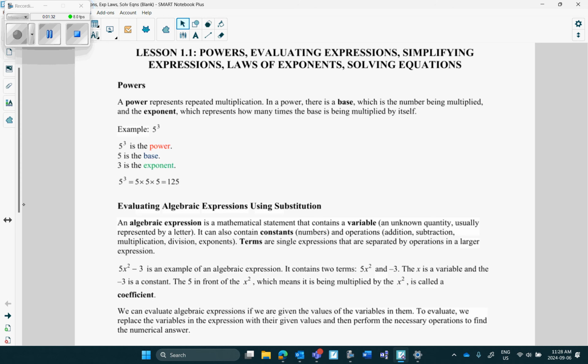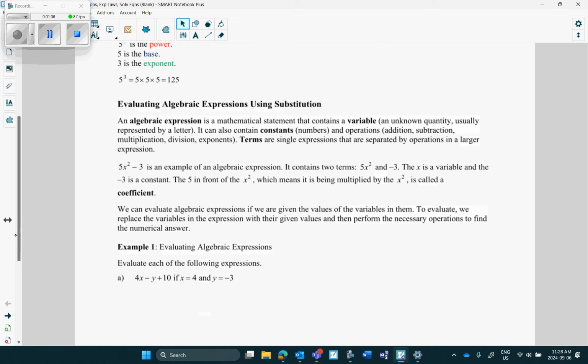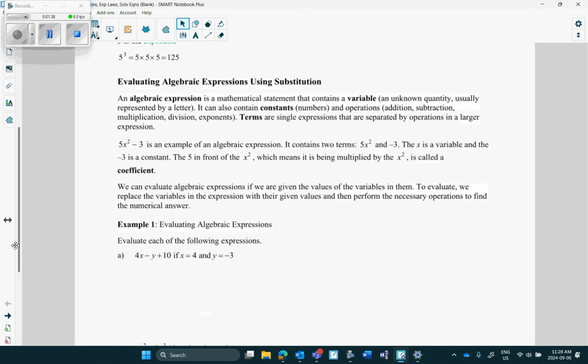One of the big things we did last year is we worked with expressions, algebraic expressions. So what's an algebraic expression? It's a math statement that has a variable in it, an unknown, usually a lowercase letter. It can also contain numbers.